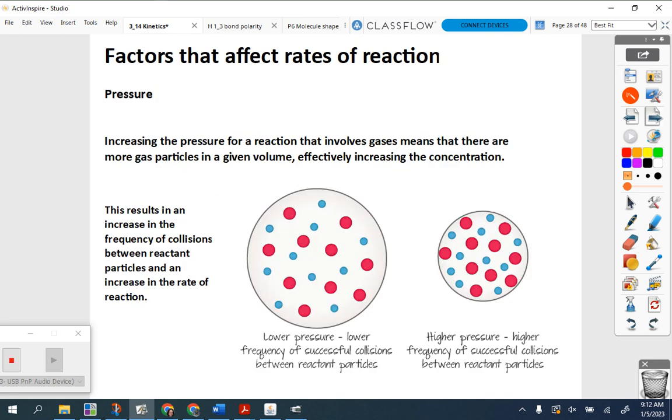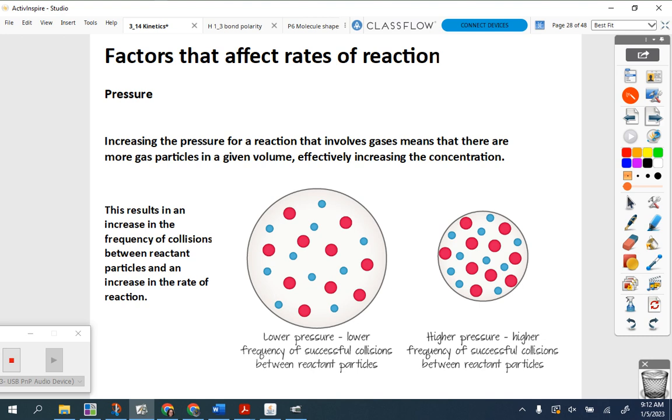Okay. We can also talk about pressure, and this is a little bit later in your study guide, but I like to put it next to concentration because I think they're very similar in the way we think about it. Pressure affects the rate of reaction if we have gases in our reaction system. If everything is happening in aqueous solution, pressure has no effect.